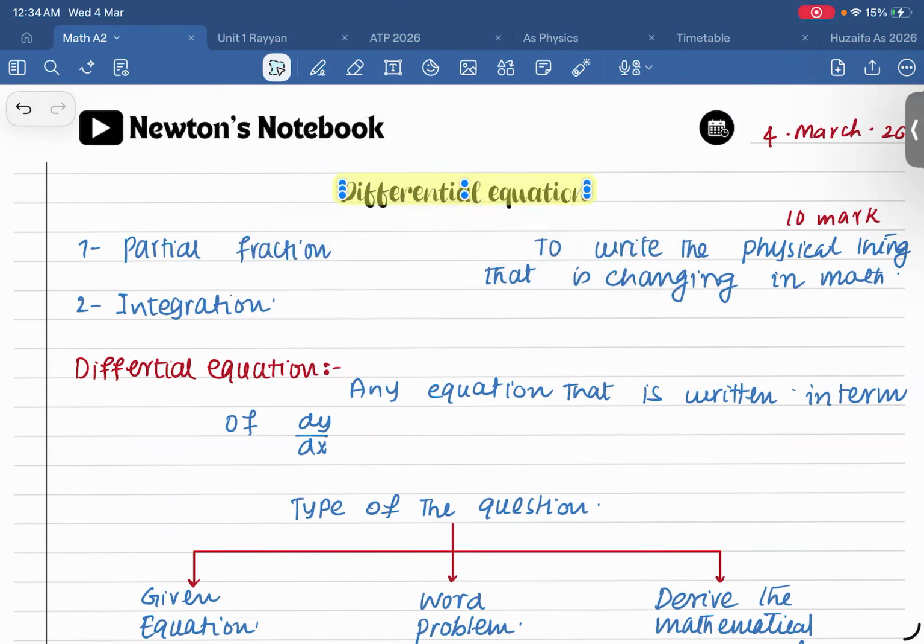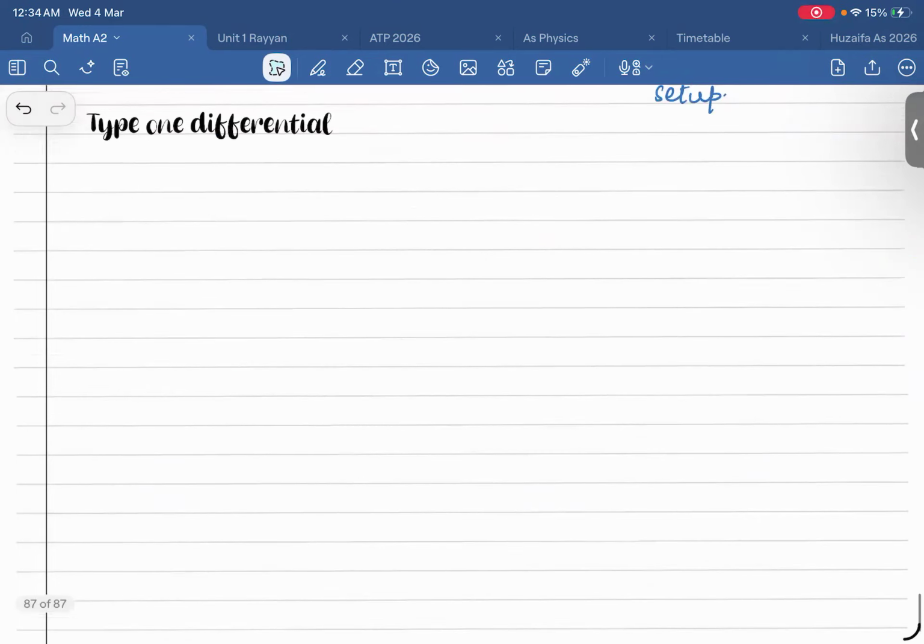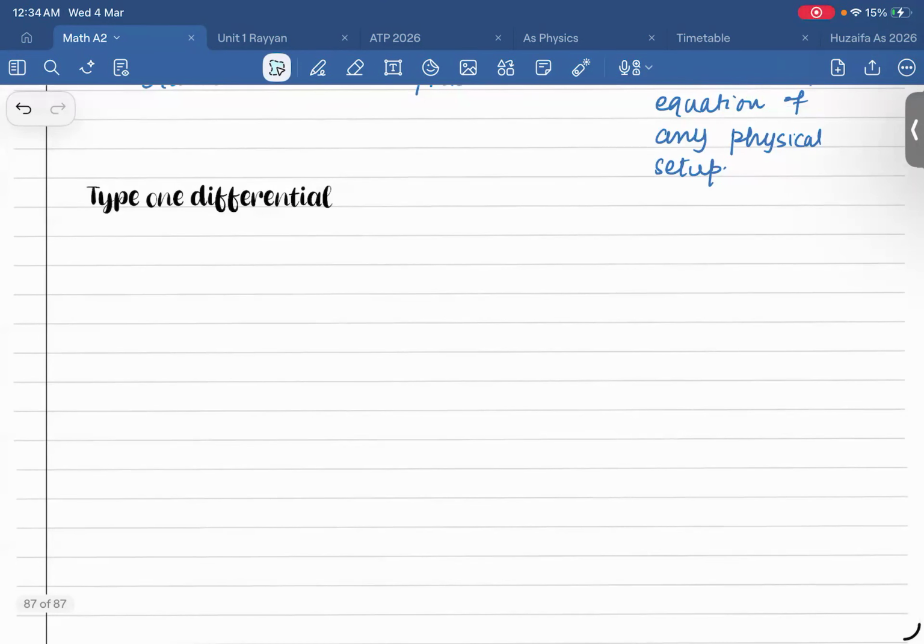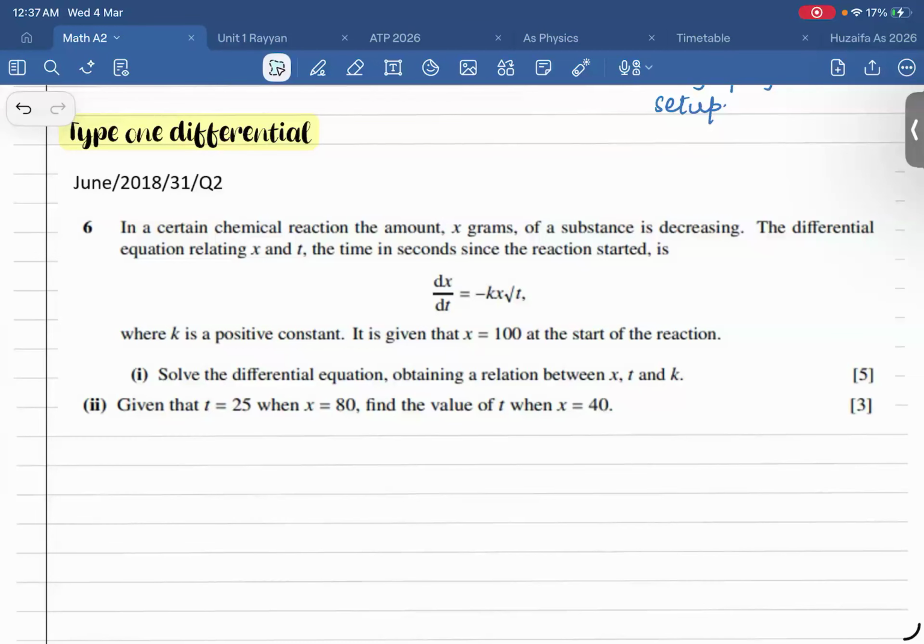Okay, so now, this is the type 1 question, where they're saying in a certain chemical reaction, the amount X in grams of the substance is decreasing. Okay, this could be the reactant. The differential equation relating X and T, the time in seconds since the reaction started, is this.